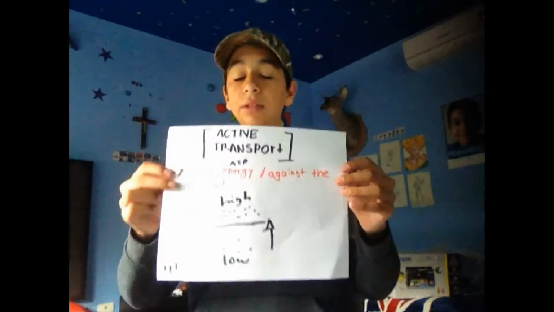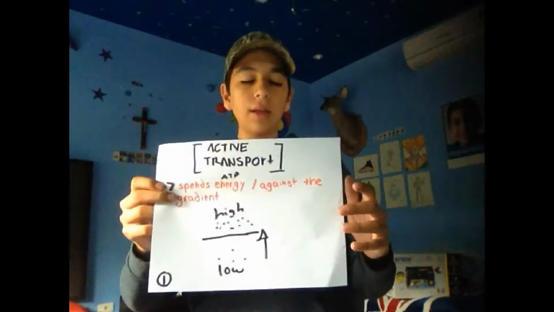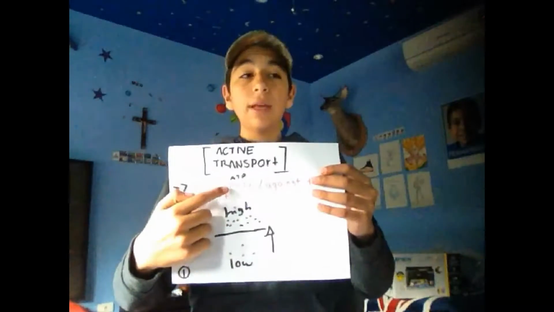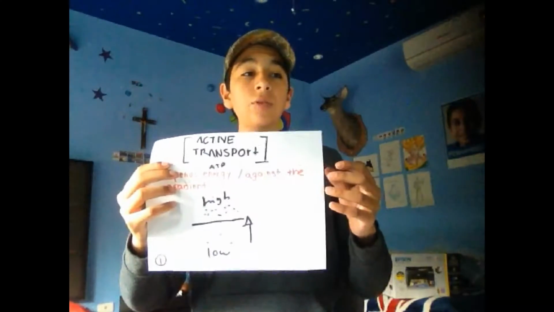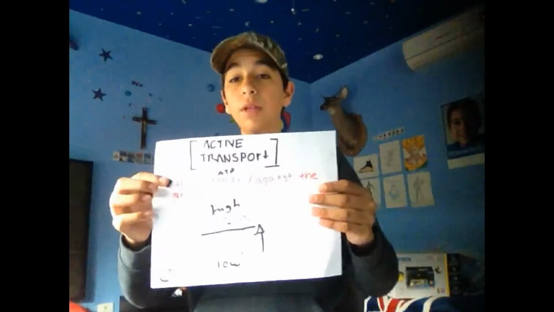That is the type of transport that spends energy, and the energy that it most spends is ATP, the adenosine triphosphate, that is the main source of energy of living things.